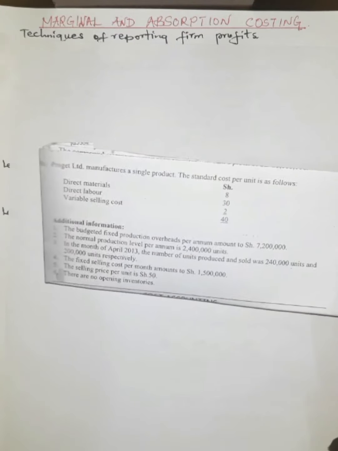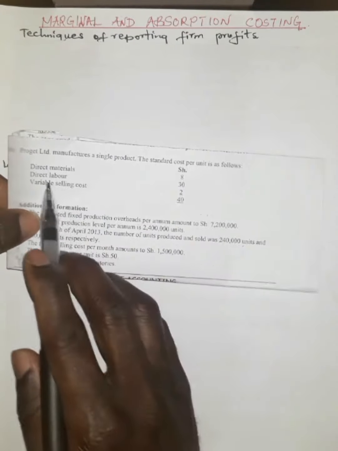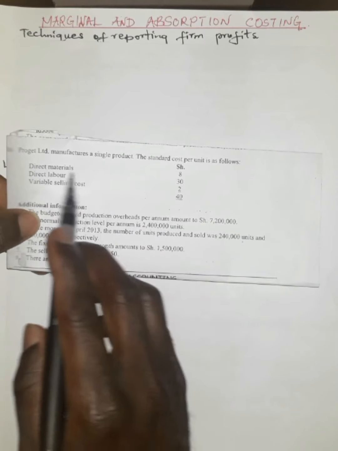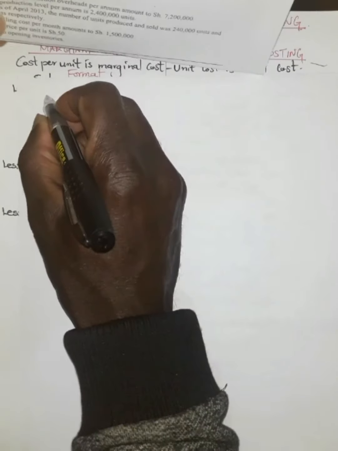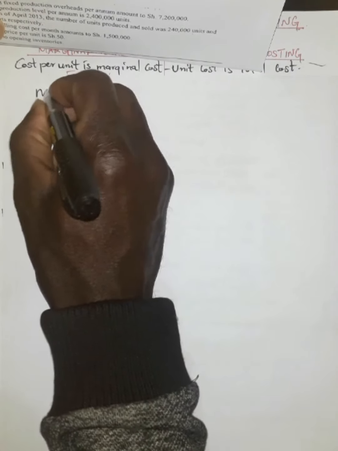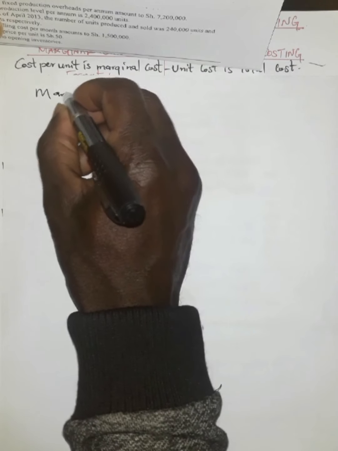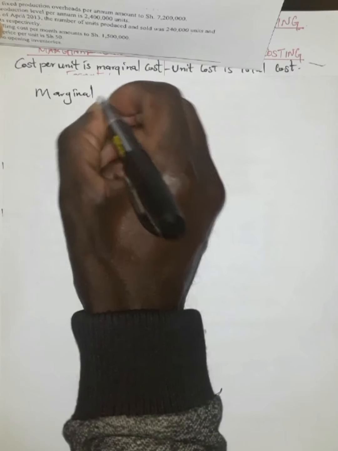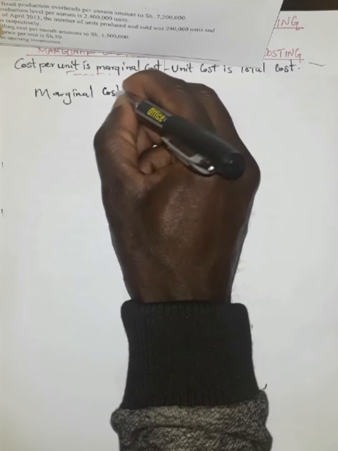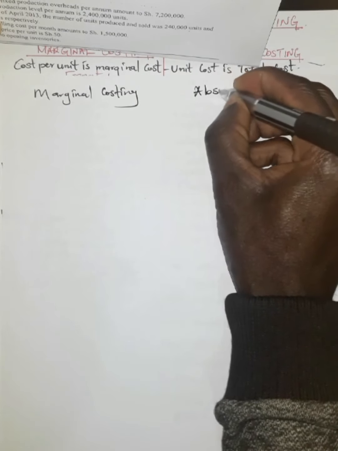But before we go into that, I want us to analyze this standard cost for each. So we are going to have the marginal costing, and then we shall have the absorption costing.